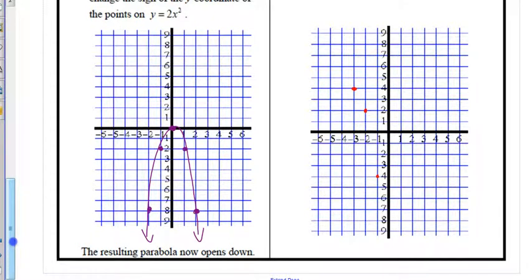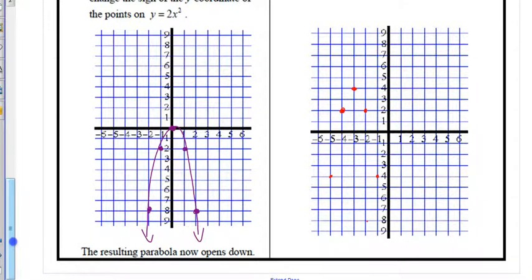Stretch it by a factor of 2, reflect it, go 1, 2, 3, 1, 2, 3, 4, and we're here. And I'm now going to take the point (negative 2, positive 4), stretch, reflect, translate 1, 2, 3, translate 1, 2, 3, 4.